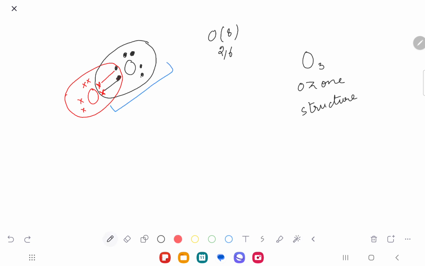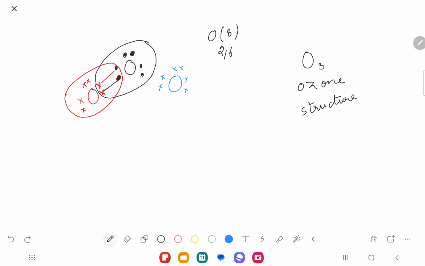And when we talk about the red oxygen, what is going to happen? You tell me. 1, 2, 3, 4, 5, 6, 7, 8. It also has eight electrons. So both these oxygens are capable of completing their octets, isn't it? But if a third oxygen comes, let's suppose the blue oxygen comes in here, it also has its 1, 2, 3, 4, 5, 6.